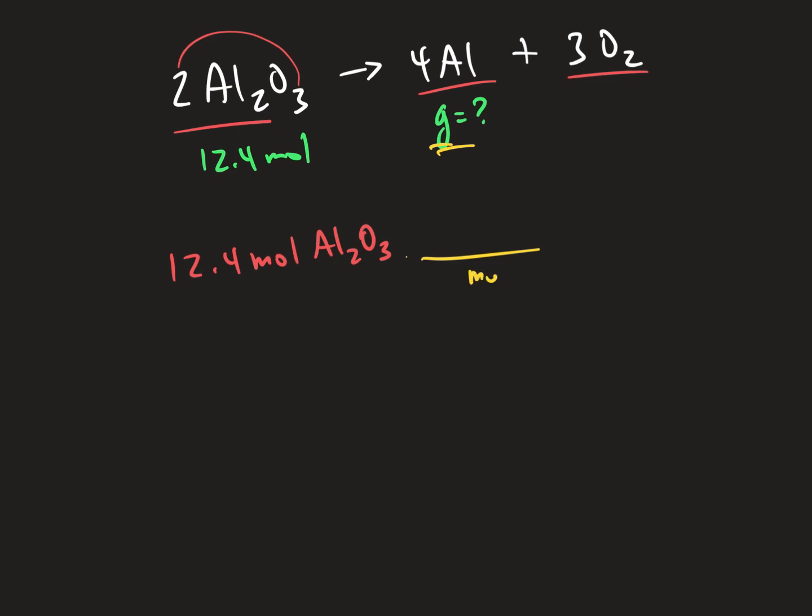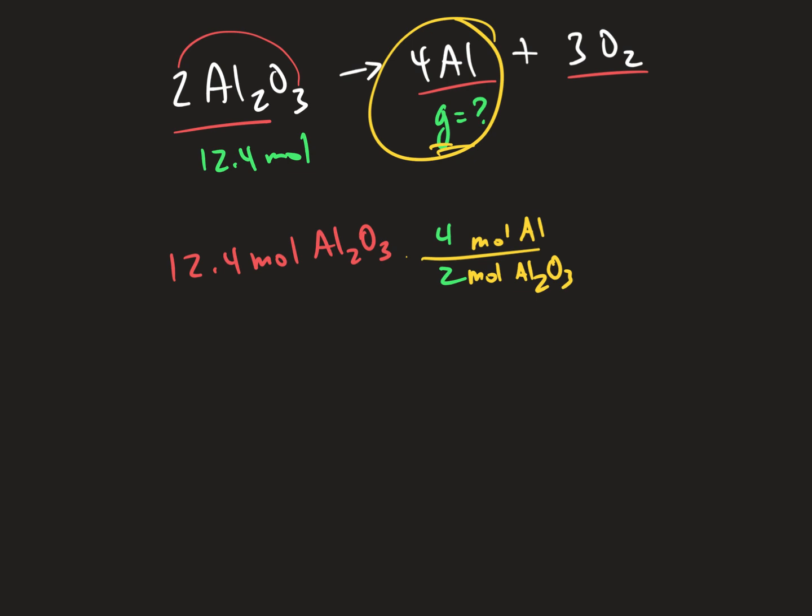So we put moles of aluminum oxide down at the bottom, and we want aluminum in our answer, so we got to go to moles of aluminum. Are we good? Okay, somebody tell me the mole-to-mole ratio. 4 to 2.